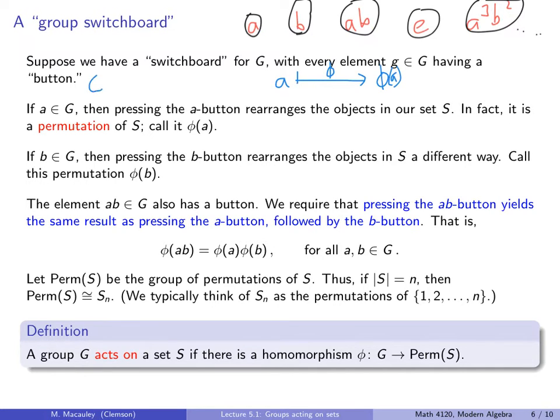Phi is a function that inputs a group element A. So the domain of phi is something in our group, and the codomain of phi is a permutation of our set S. So phi is indeed a map from G to Perm of S, and it has to satisfy this property: phi of AB equals phi of A times phi of B. That is the definition of a group action.